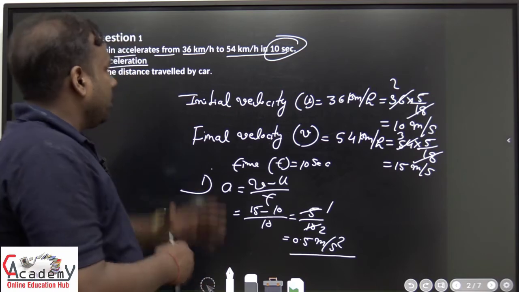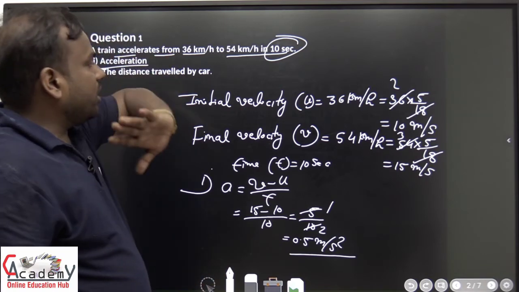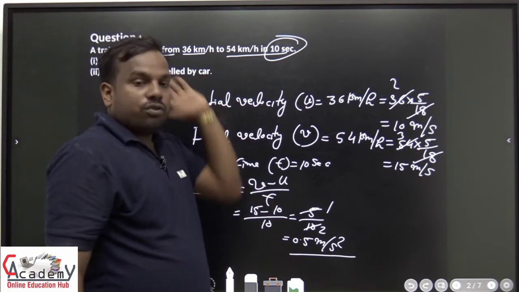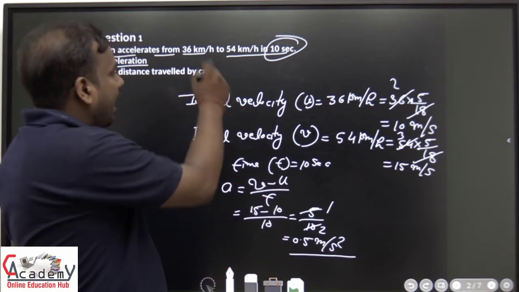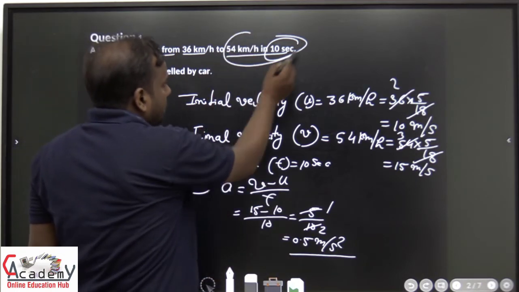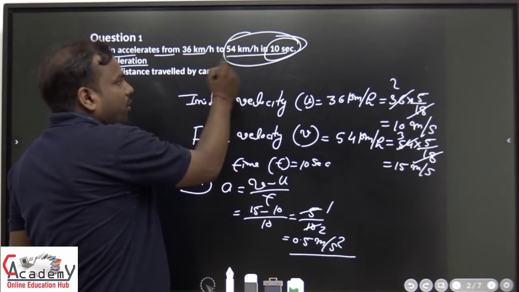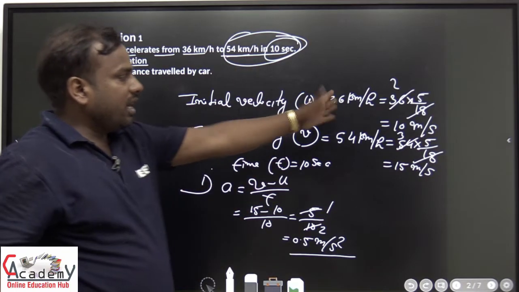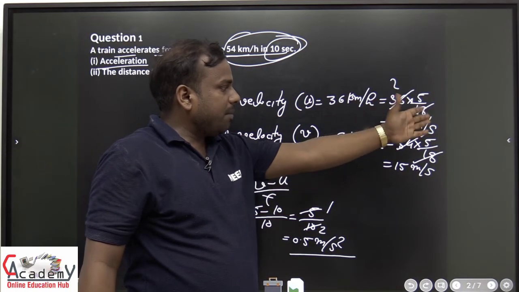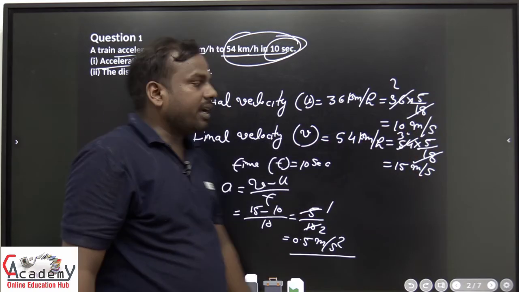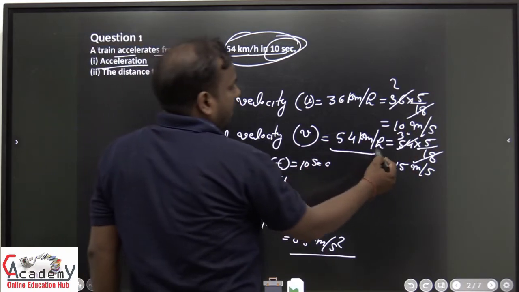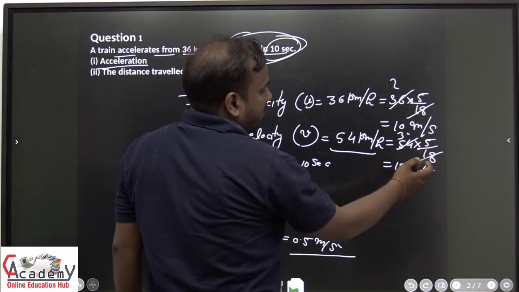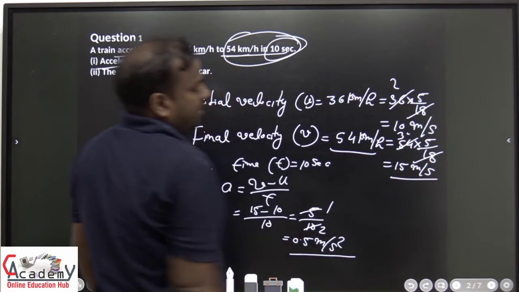Understand? Again, a train accelerates from 36 kilometer per hour, that is the initial velocity, to 54 kilometer per hour, the final velocity. We change 36 kilometer per hour into meter per second, then we got 10 meter per second, and 54 kilometer per hour multiplied by 5 by 18 gives 15 meter per second.